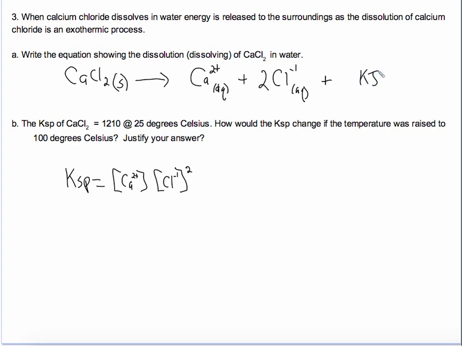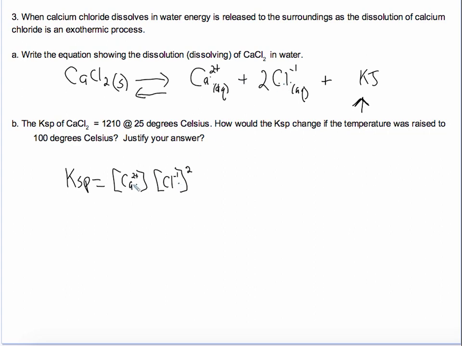Okay, now it's also telling us that this is exothermic. So if it's an exothermic reaction, the kilojoules would be on this side of the arrow. Now, if you're raising the temperature to 100, so the temperature is going up, that means that you're adding kilojoules to this side. It's going to make it shift to the left.